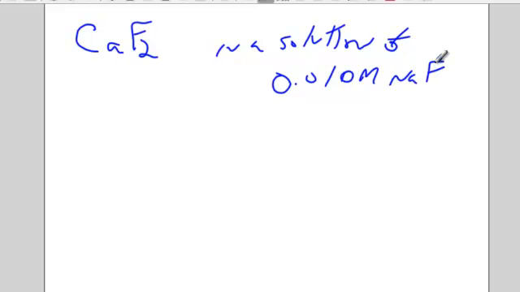Oh look, common ion effect. There's F- already in solution. That's going to affect our solubility.